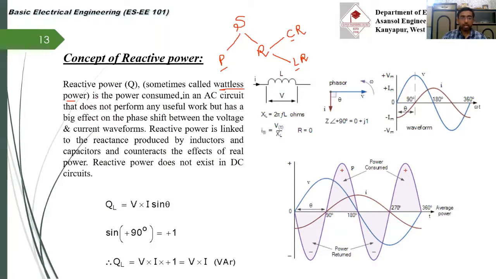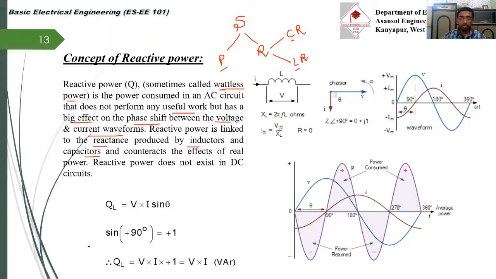It is the power in an AC circuit that does not perform any useful work but has a big effect on the phase shift between the voltage and current waveforms. Reactive power is linked to the reactance produced by inductors and capacitors and counteracts the effect of the real power. The reactive power does not exist in a DC circuit. Why? Because there is no phase difference, and in a DC circuit the voltage and current waveforms are always constant with respect to time. That is not alternating in nature.